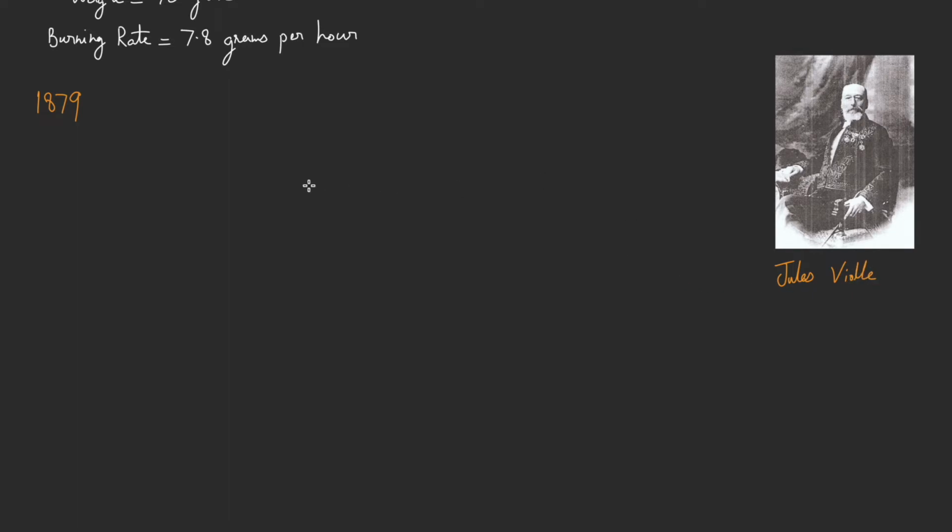So what was the standard? It was the light emitted by melting the platinum, due to the black body effect. Let me write down the name here again, Jules Violle.